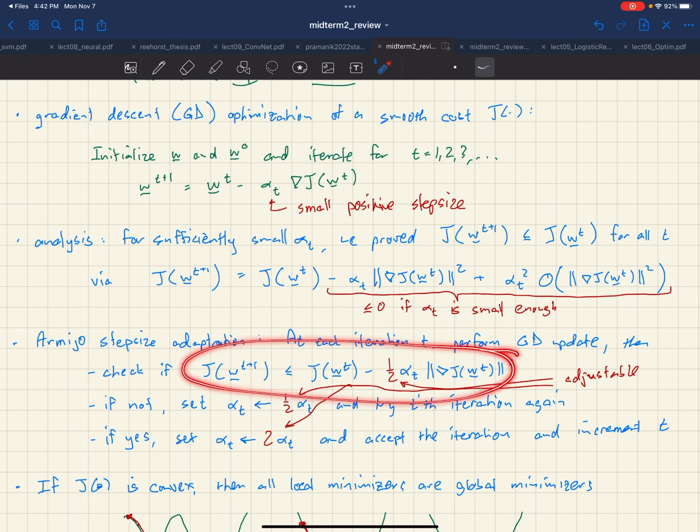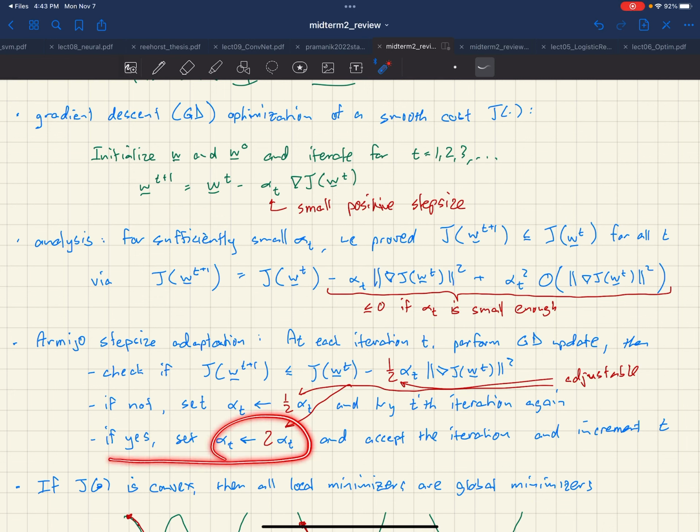If this fails again, it says, okay, I didn't decrease my step size enough, so you decrease it even more. When it eventually passes, then you go back to this, yes, I'm going to double it, and so on. These numbers, 1/2, 2, are all adjustable parameters that you can play around with as you like, but maybe 1/2 works pretty well for this.